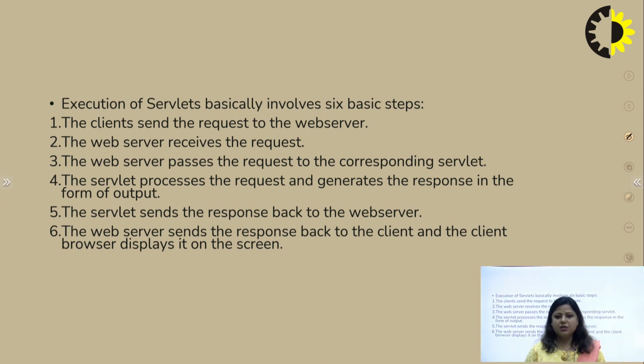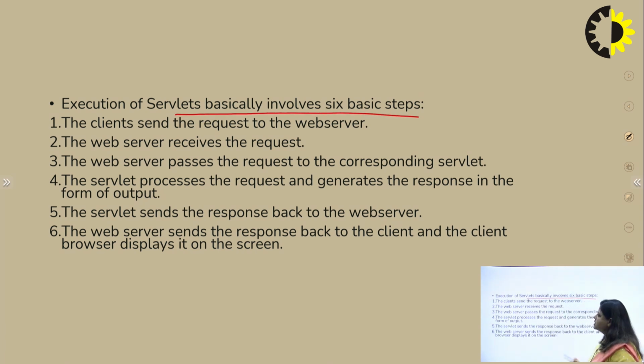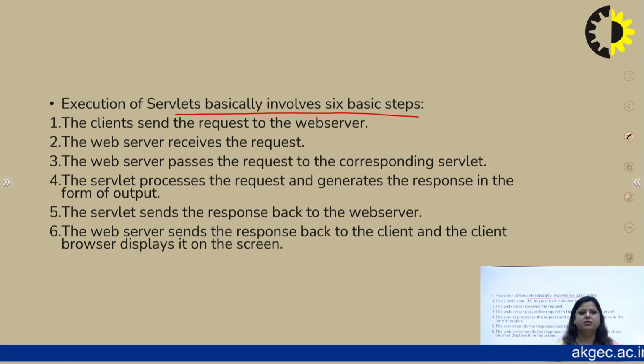Now, how does a servlet work? Basically, when we talk about the execution of a servlet, it involves 6 basic steps. There are different servlet containers which process the request and forward it to the appropriate servlet, and after that the servlet executes its logic, processes the request, and interacts with databases if required.